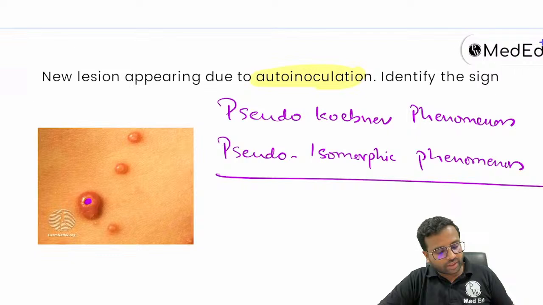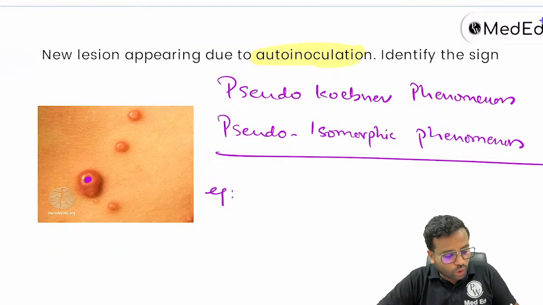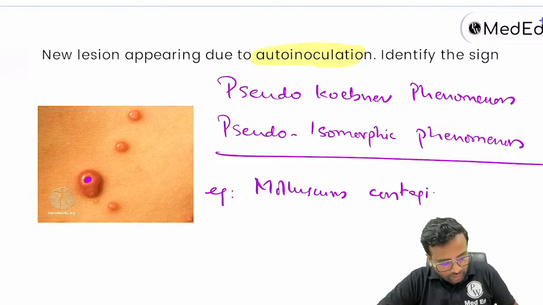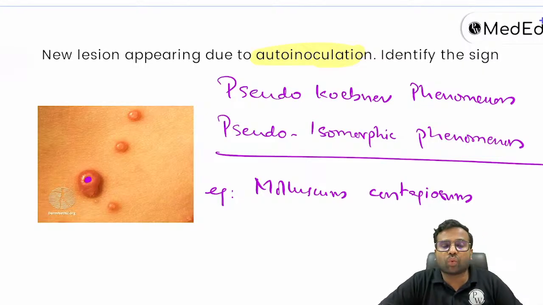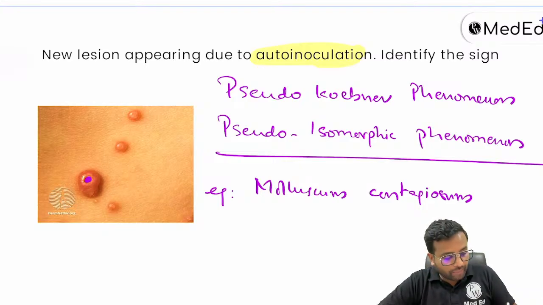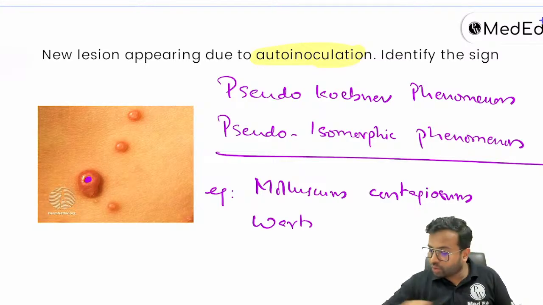So here, the examples of a pseudo 𝐒𝐿 phenomenon can be molluscum contagiosum, as well as one more viral infection which you can give is going to be warts.